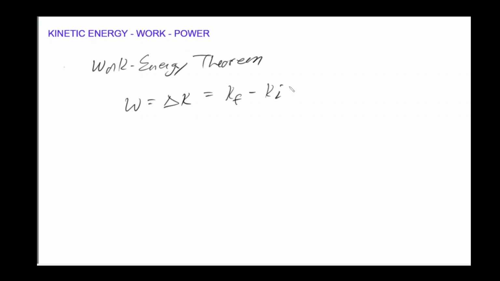Now let's look at the work energy theorem. This theorem says that work is equal to the change in kinetic energy of an object, which is equal to the final kinetic energy minus initial kinetic energy, or 1/2 mv final squared minus 1/2 mv initial squared.